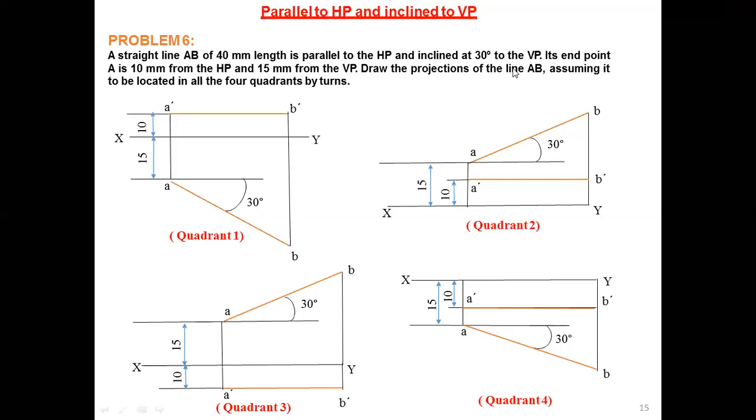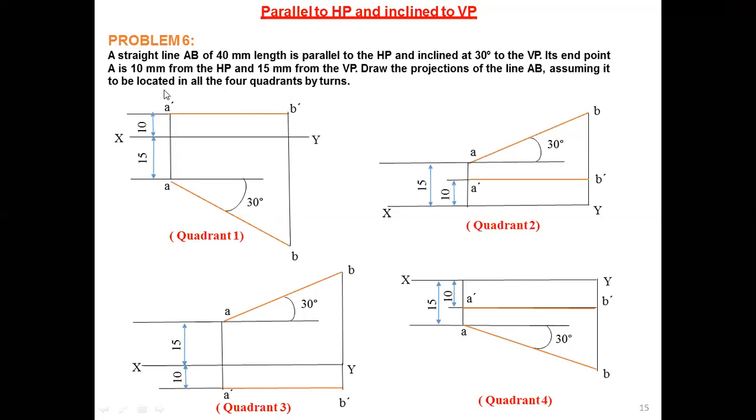Parallel to HP means true length we can see in HP. Inclined to VP means that angle we can see when we look from the top view. Where will be the top view? Here. So from this line, draw a line at an angle of 30 degrees, take 40 mm, cut this line. Then project it upwards.